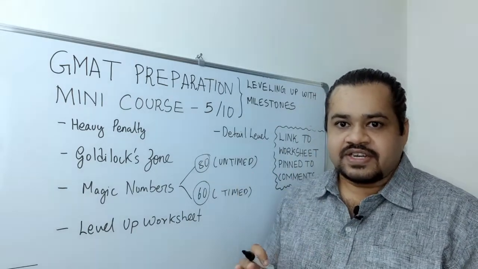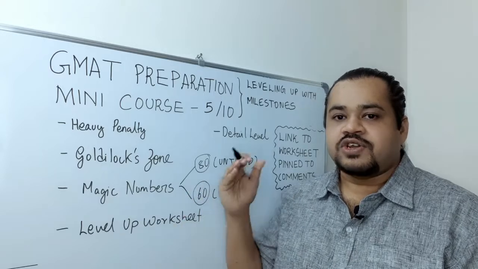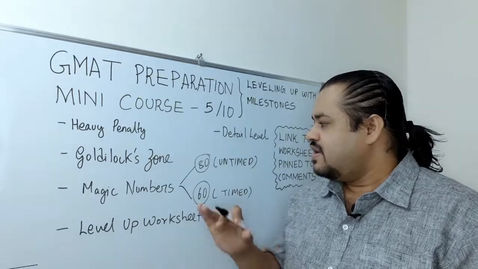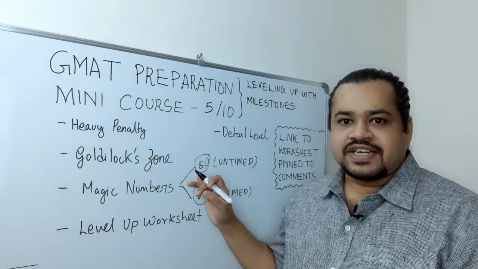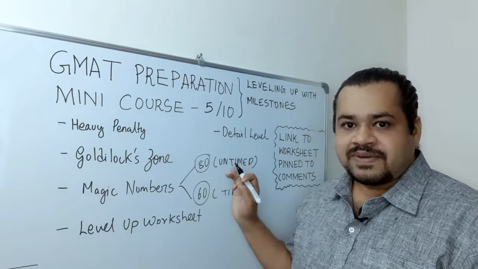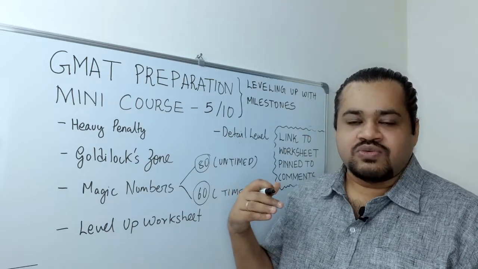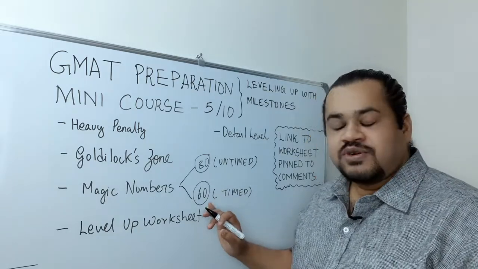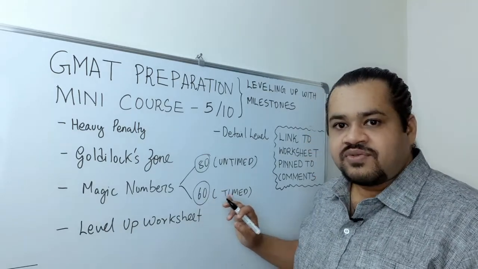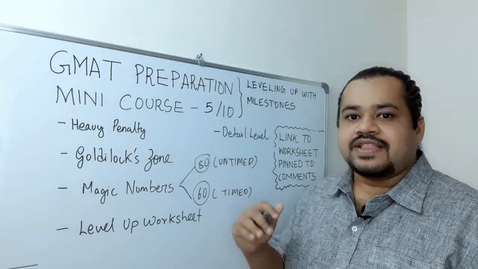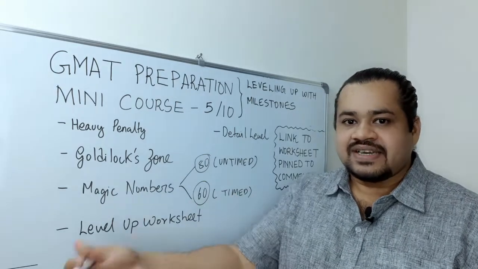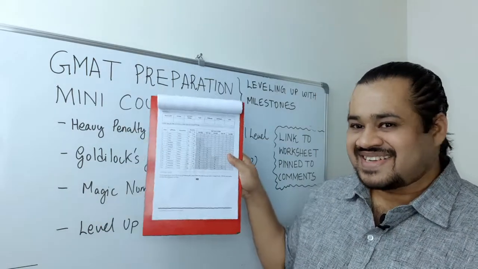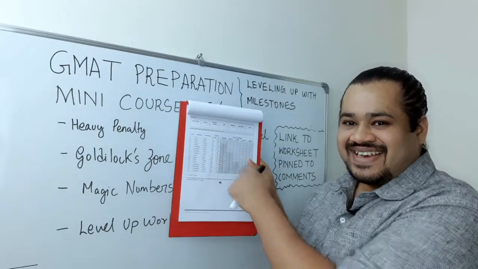In a particular area, question format, for a particular difficulty level, and you can even go into the topic level, if you are able to maintain 80% accuracy for an untimed practice session, then you're ready to move on to the timed practice session. And if you are able to maintain 60% accuracy for a timed practice session, then you're ready to move on to the next level of difficulty. So this gives you a set of milestones that you can achieve.